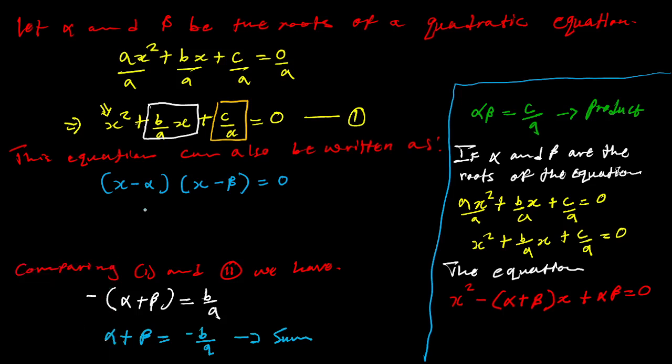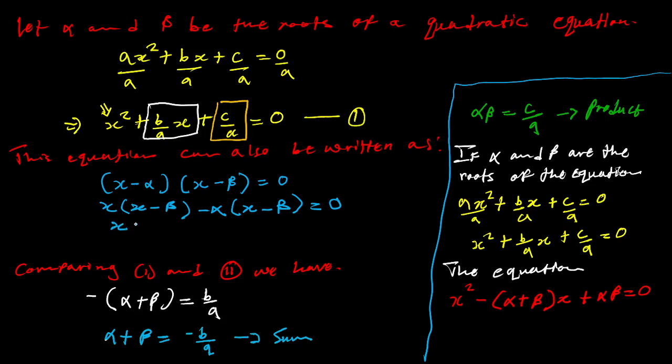Then you multiply there. You're going to say x open bracket x minus beta close bracket, and then lastly negative alpha open bracket x minus beta close bracket, and this should be equal to 0. When you have such an equation, your next thing is to multiply x times x, which is x squared.